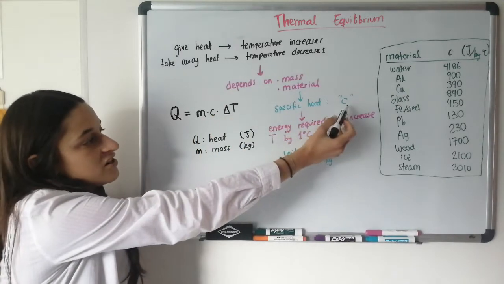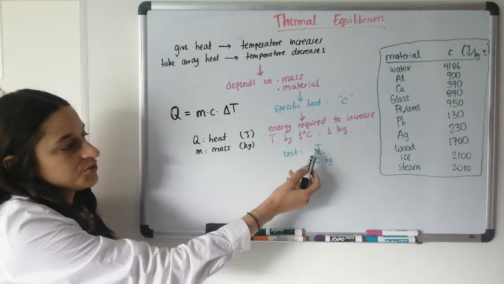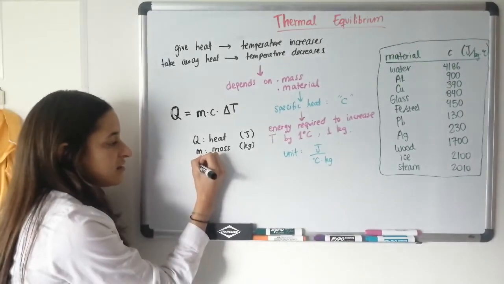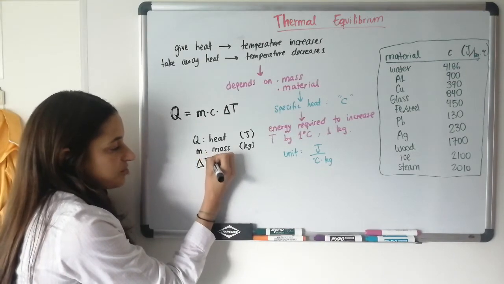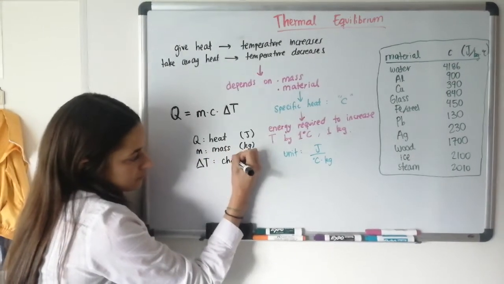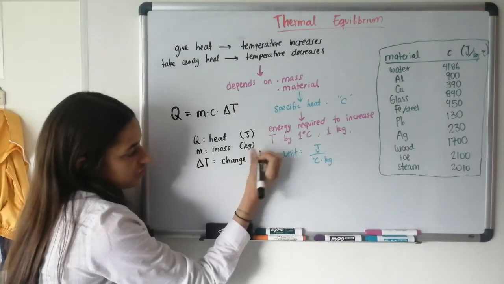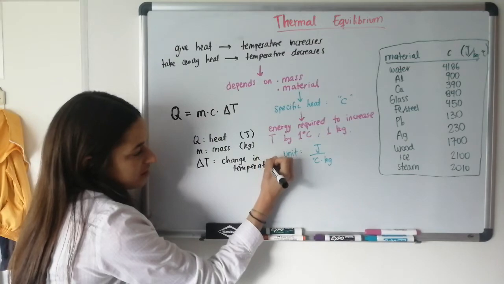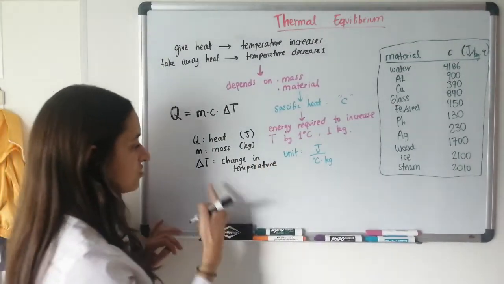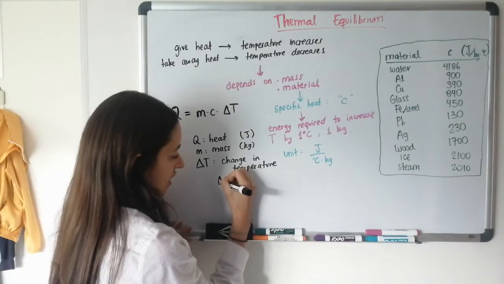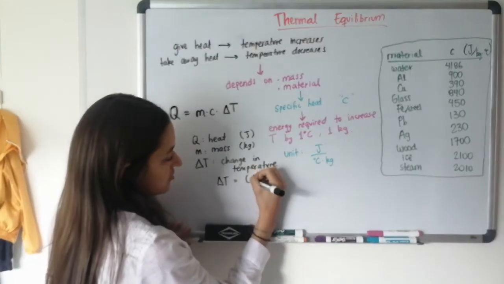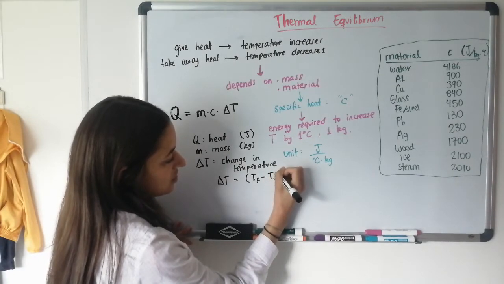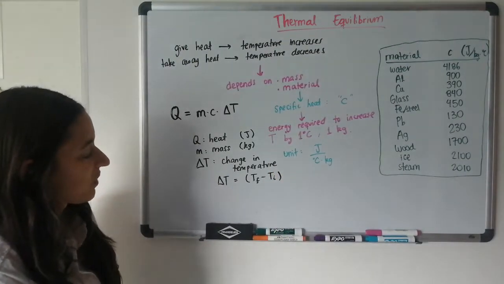C is the specific heat, with the unit joules per kilogram degree Celsius. And delta T, like always, is the change in temperature. Remember, change in is always final minus initial. So delta T is exactly the same as writing, in parentheses, final temperature TF minus initial temperature TI.